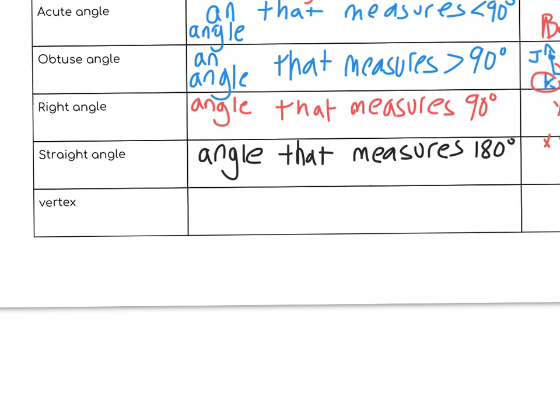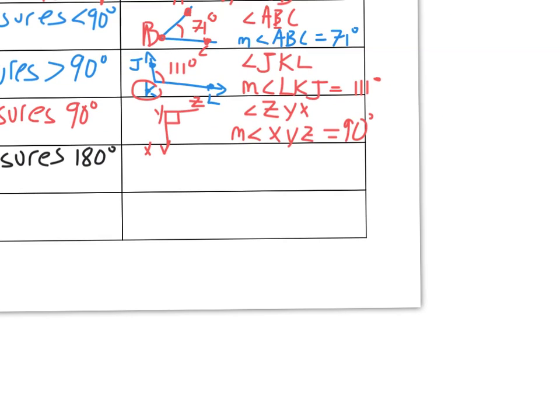So if you had two opposite rays, and if we called this A, B, C, we could call this angle ABC if you really wanted to, and the measure of angle ABC is 180 degrees.